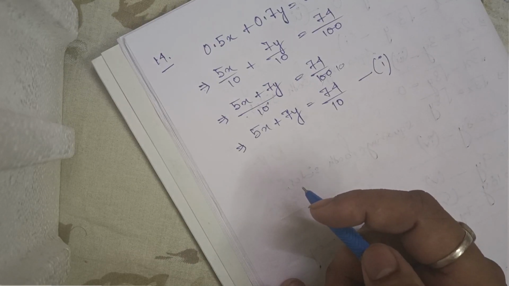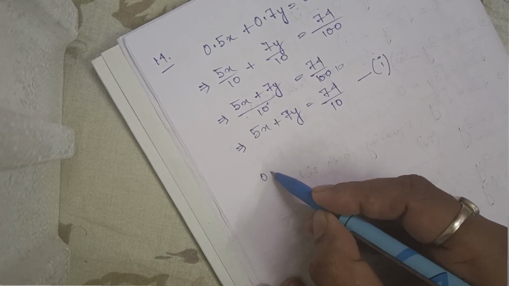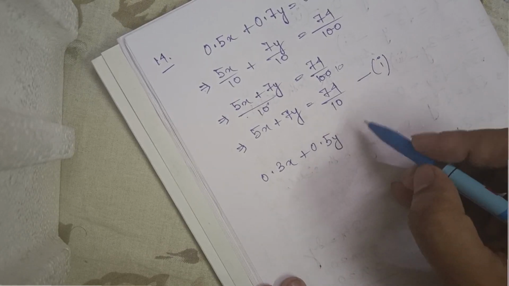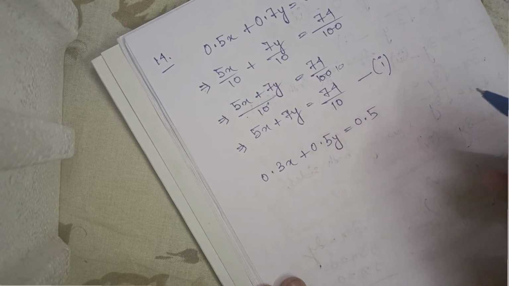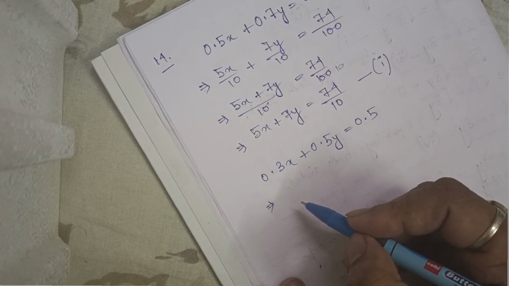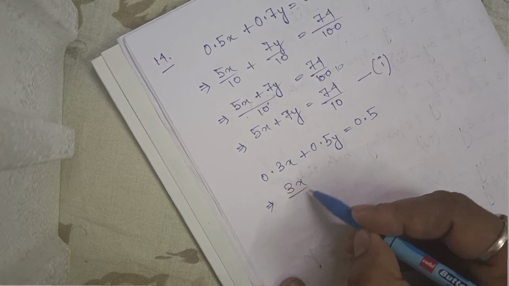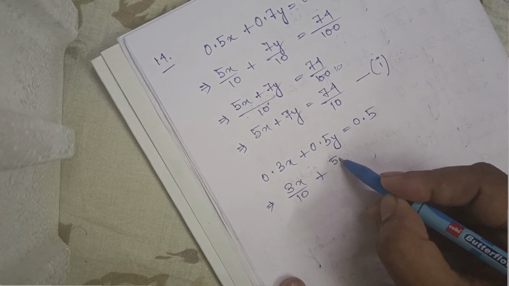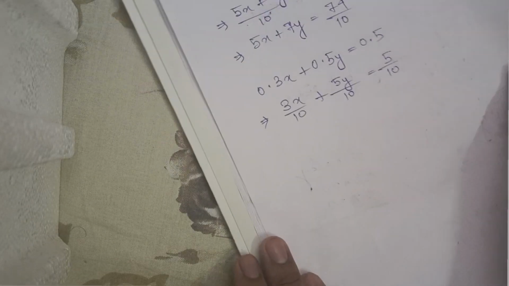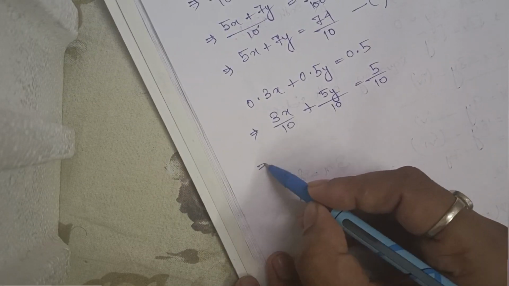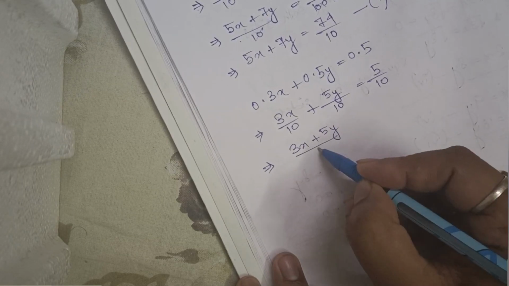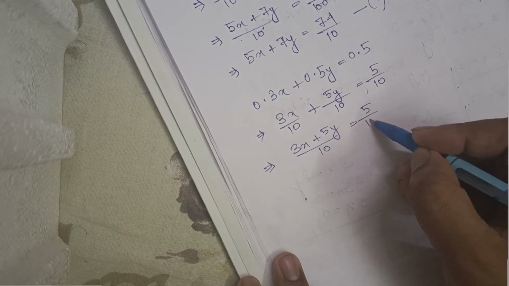Now the second equation, that is 0.3x plus 0.5y equals 0.5. 3x by 10 plus 5y by 10 equals 5 by 10. 3x plus 5y by 10 equals 5 by 10.